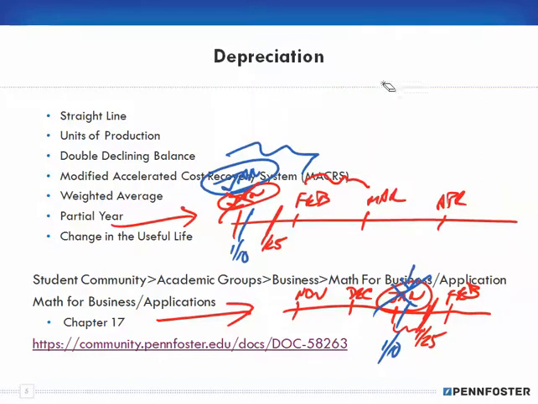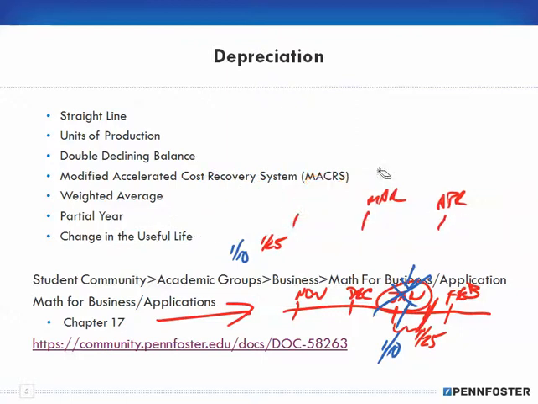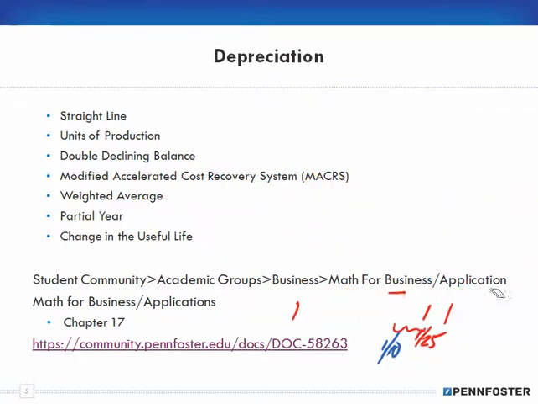All right, so that was covered in the math for business and finance, but I brought that up here because we're talking about partial year. When we're talking about a partial year, basically what we're doing is we're prorating the depreciation for the entire year.